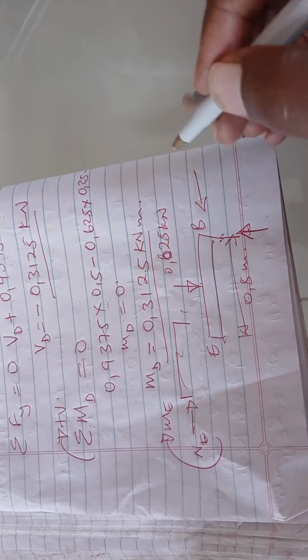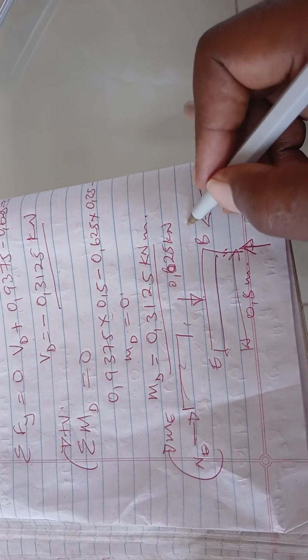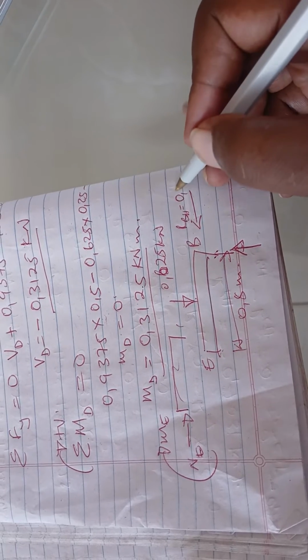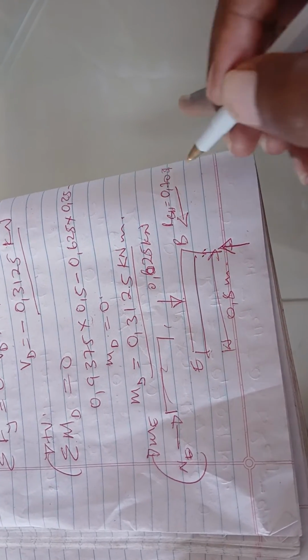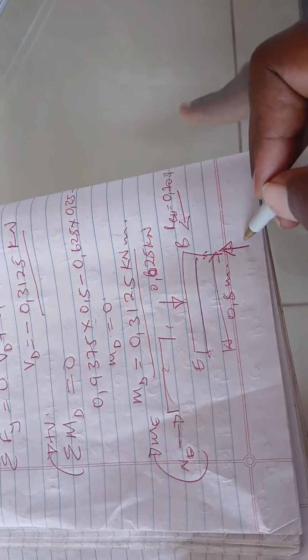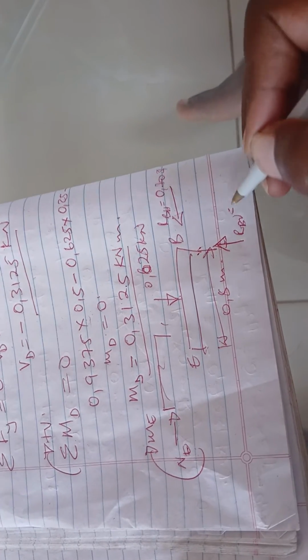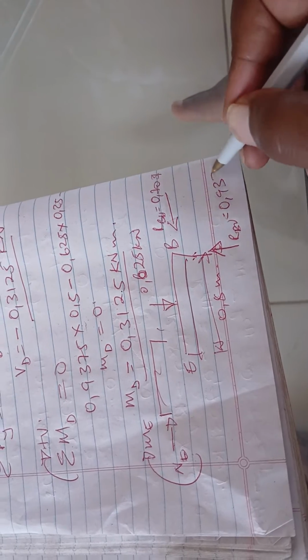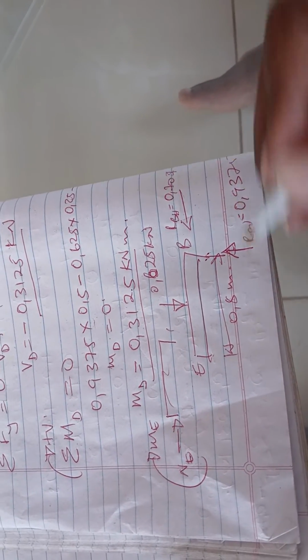We have here our reaction force RBH. We have calculated it to be 0.7031, and then on RBV, we calculated it to be 0.9375 kilonewtons.